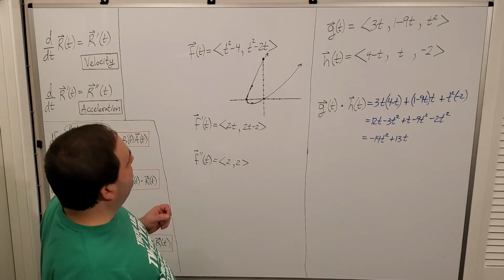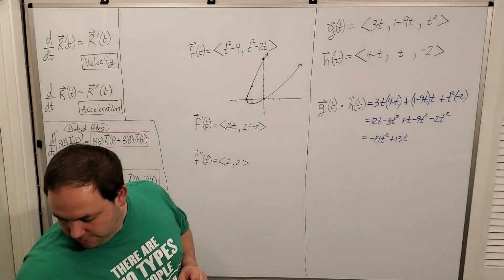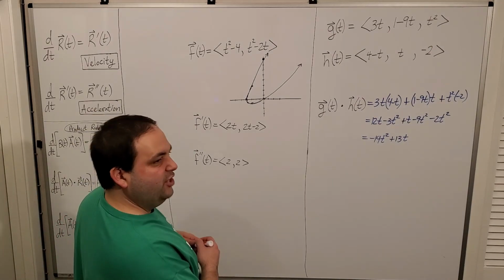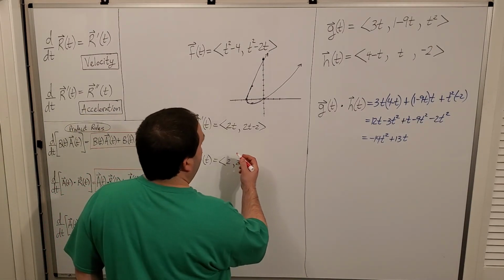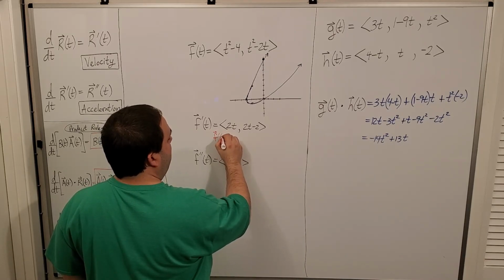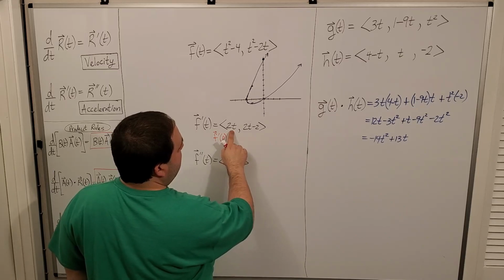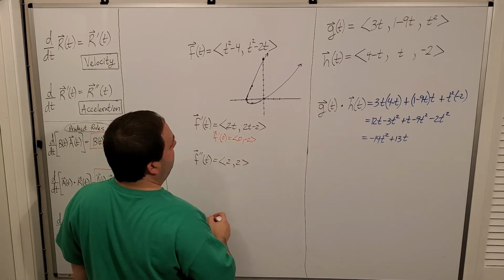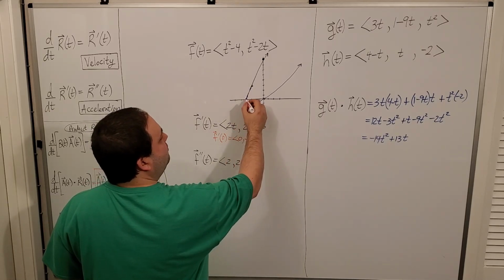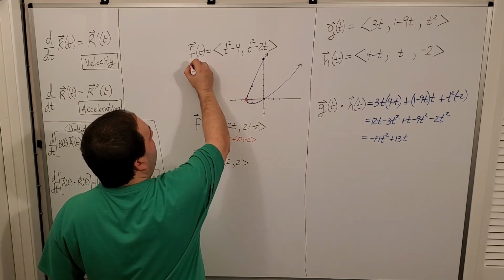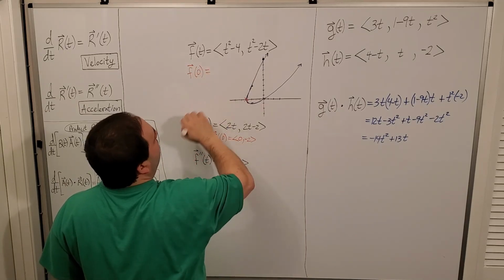Okay, so let's look at a few values of both of these here. If I were to pick the value t equals 0, well, notice that f prime of 0 is the vector 0, -2. And t equals 0 is this point right here, by the way, because remember, we already had this written down.